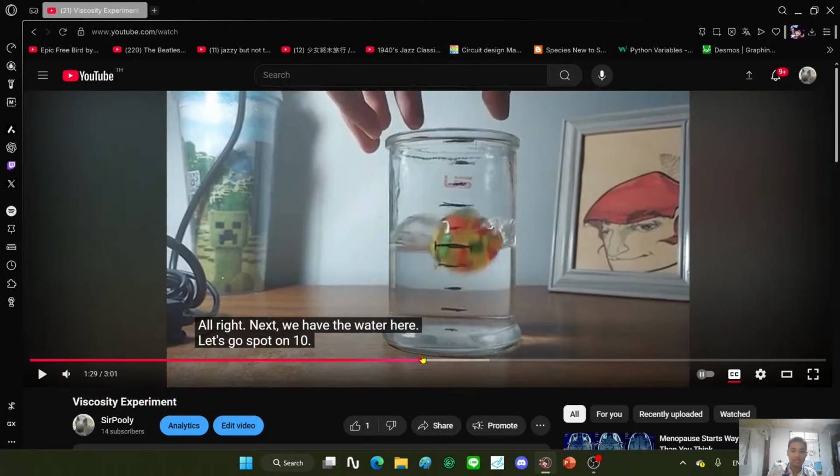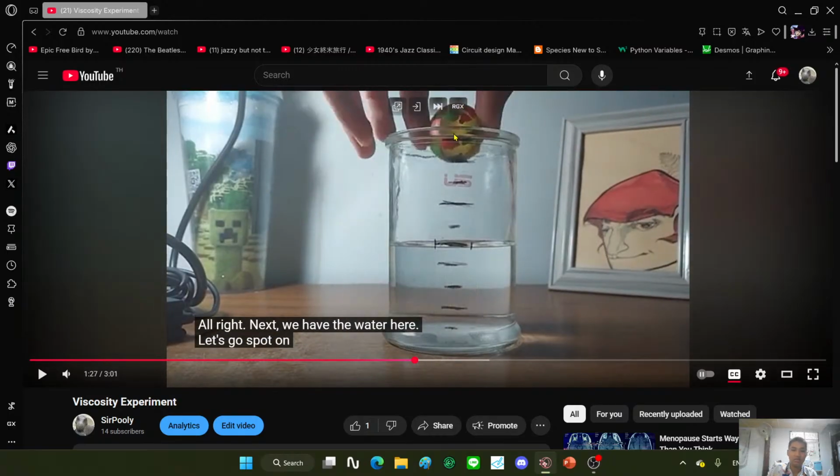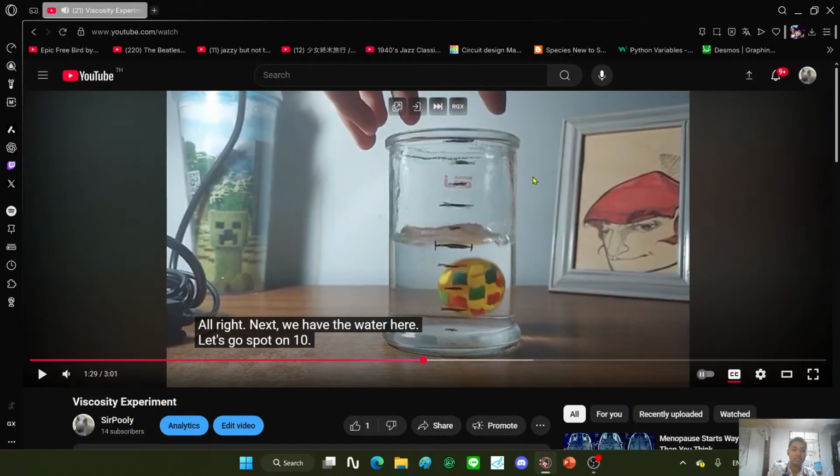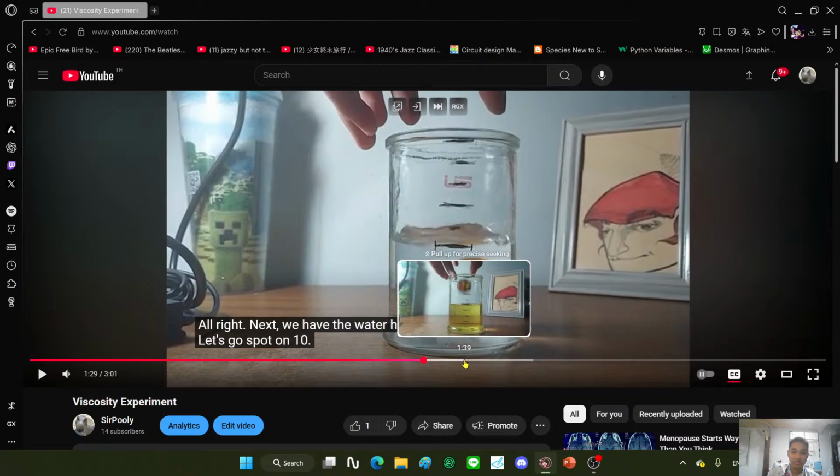The water, the bottom, that's it. That's for the water. It's going to hit around here, and we have to look at the video, in which I already explained it, later on. So here's the water.